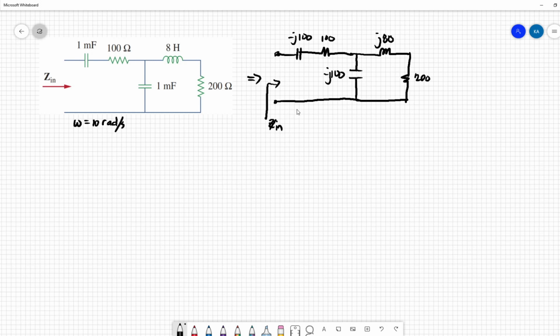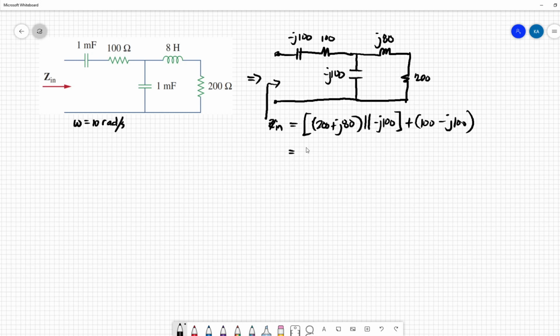Combining impedances is just like combining resistances. So Zin is equivalent to 200 in series with j80, and it is in parallel with negative j100, and the combination is in series with 100 minus j100.